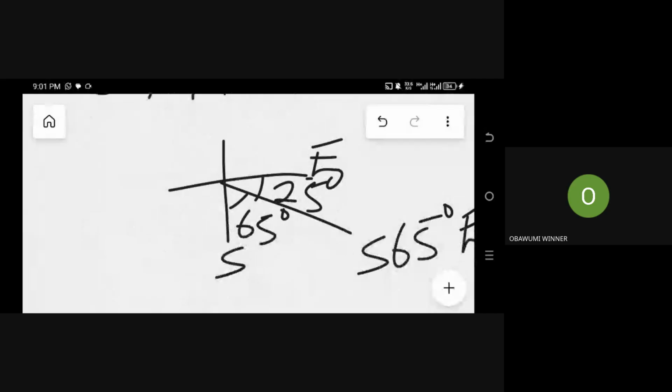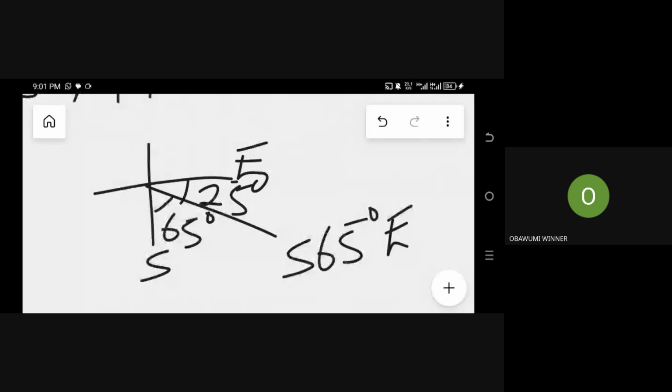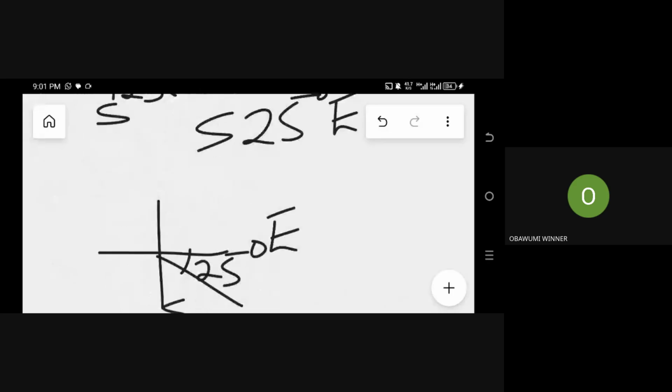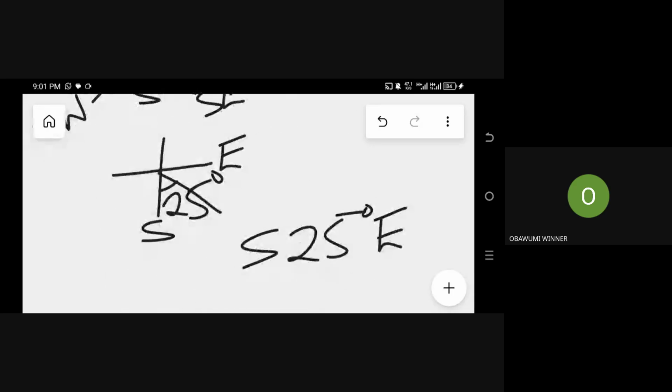And now when we have an angle touching the south, that is when we can pick the result and say south 65 degrees east. It's unlike this first question. If you see this first question here, the 25 degrees was already touching the south. So we just said south 25 degrees east. So this was the answer.